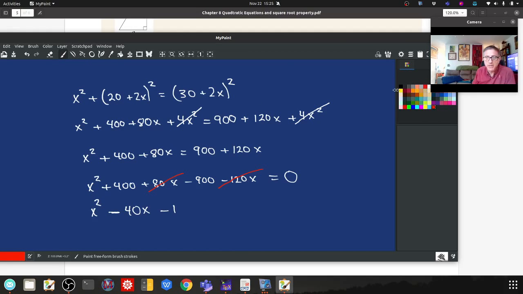That's the reason it's important that I do these beforehand, because when I'm talking, I will sometimes make these mistakes. So 400 minus 900 is minus 500. And that's equal to 0.